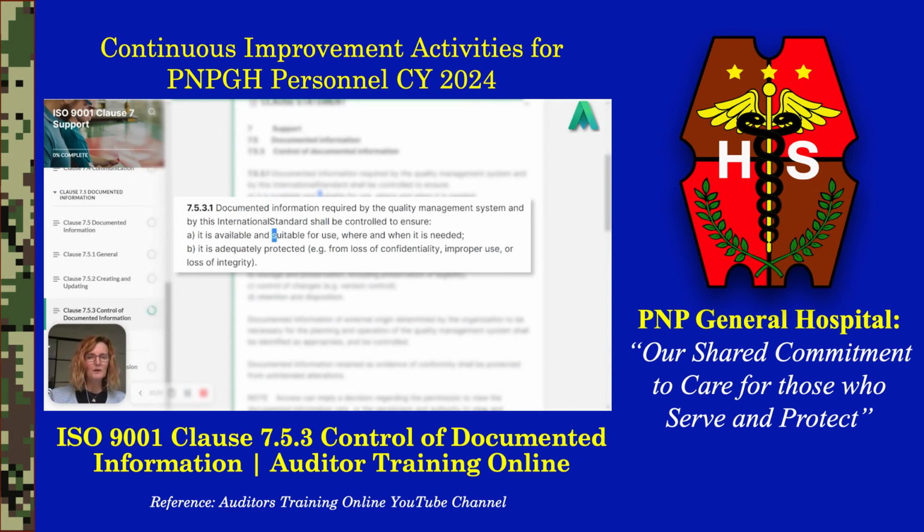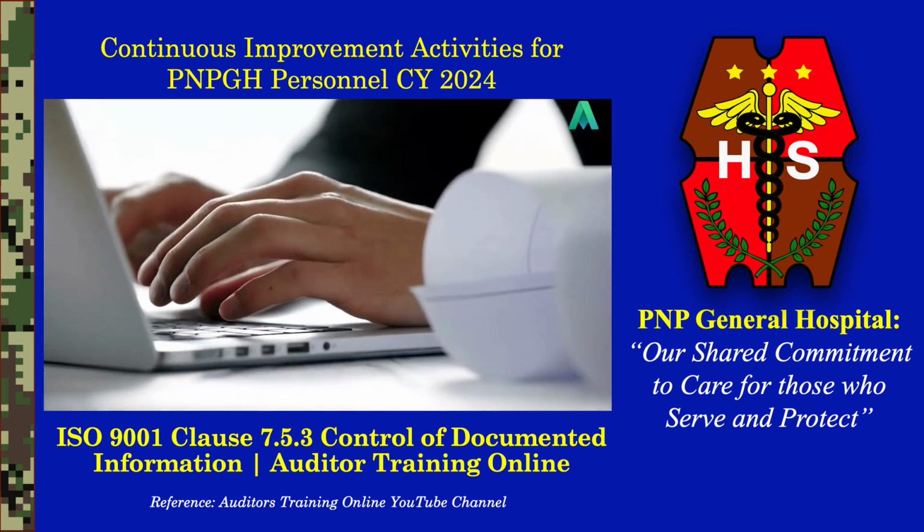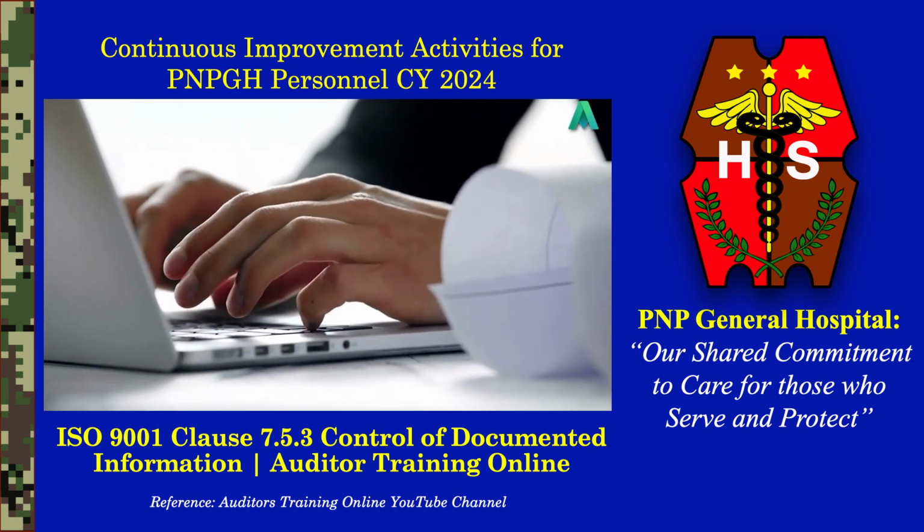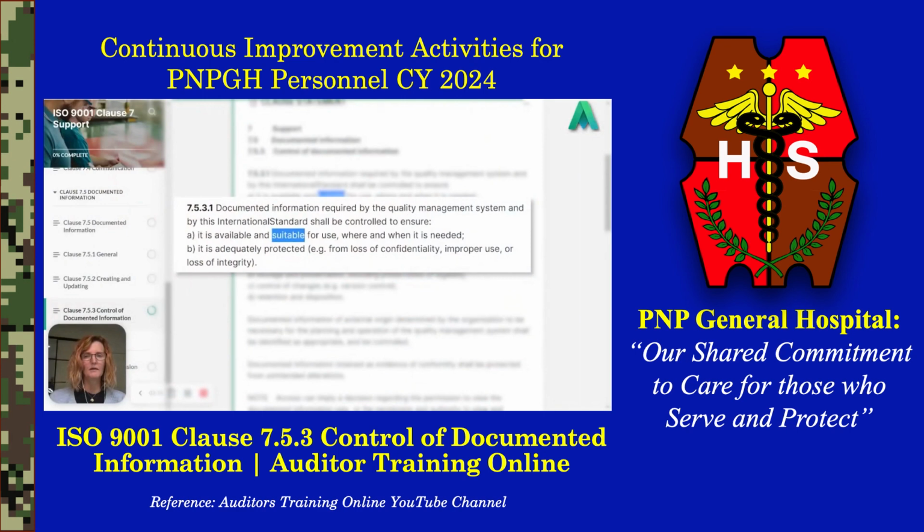It's suitable. So we've chosen which ones are just in Dropbox, which ones are in OneNote, which ones are Vimeo records, and which ones are in Asana. And therefore people can access what they need, where and when it's needed. Right? I hope that breaks that down a bit more for you.